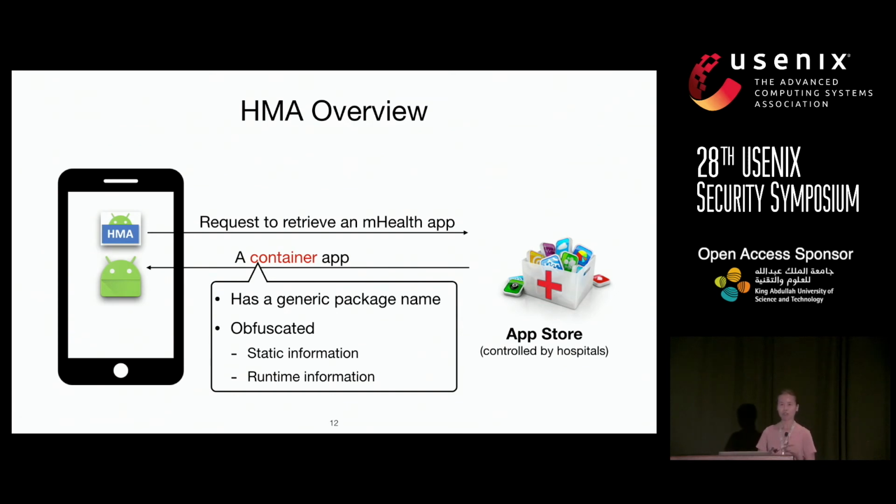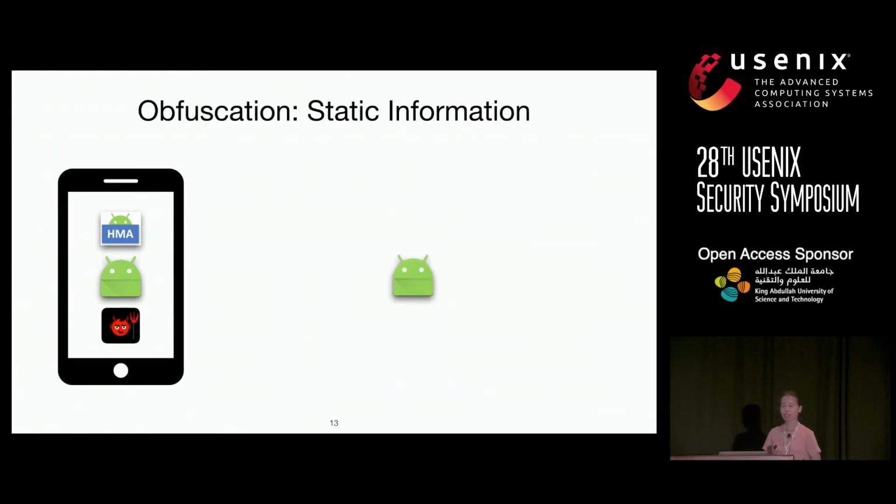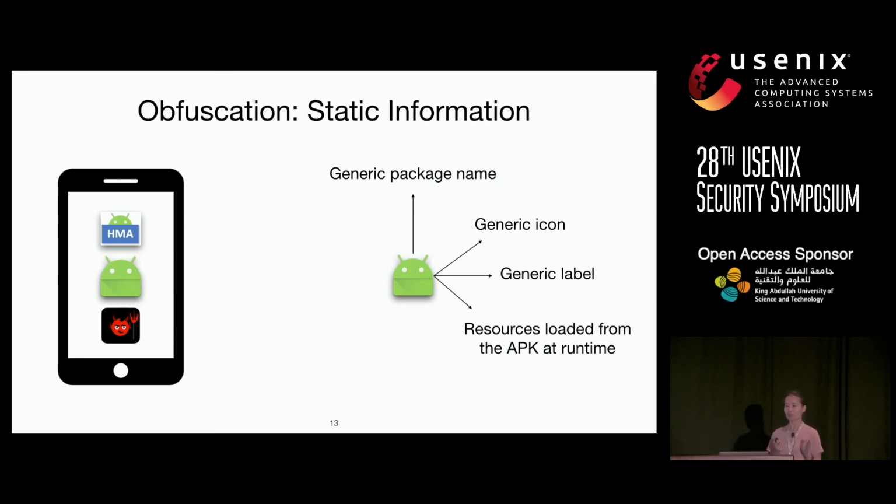Here I would just give you some examples of the static information. As I mentioned before, the container app has a generic package name, icon, and label. And by using app virtualization, at runtime, the container app can load the resources of the mHealth app from the mHealth APK.